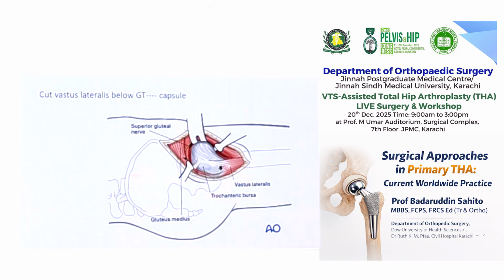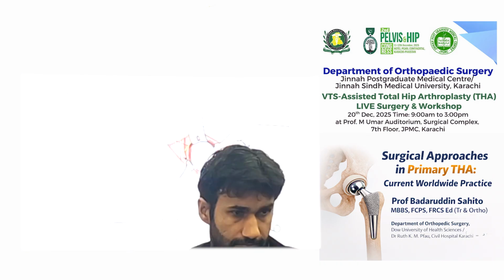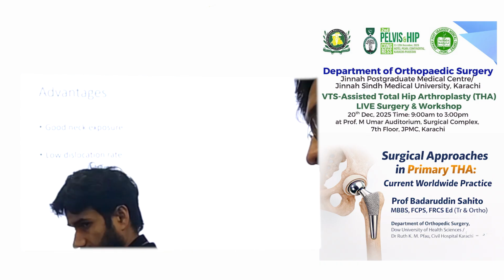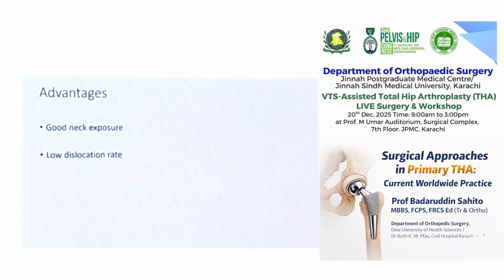So it's somewhat tricky, but it's still a valid option for approaching the hip joint. It gives good neck exposure and a low dislocation rate. That is why people are still doing Watson-Jones. The disadvantages again depend upon the version: femoral nerve injury, and you are going to disrupt the abductor mechanism somehow.